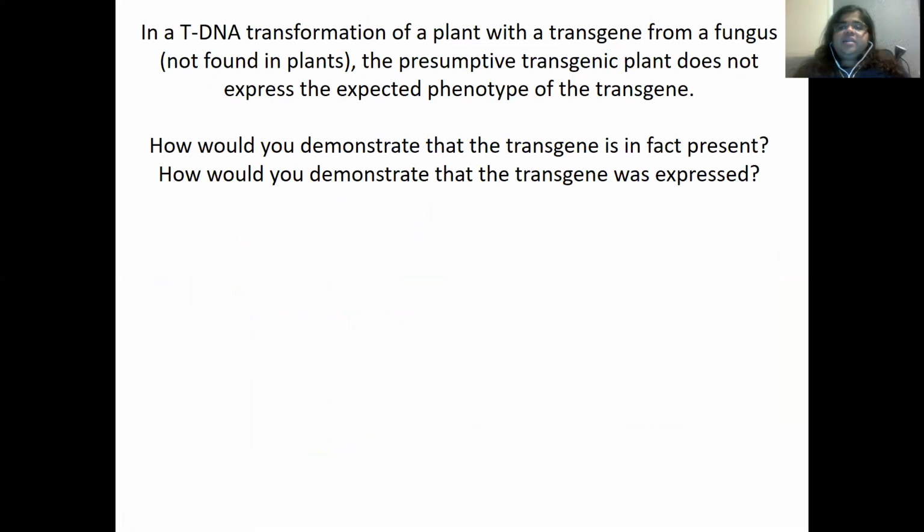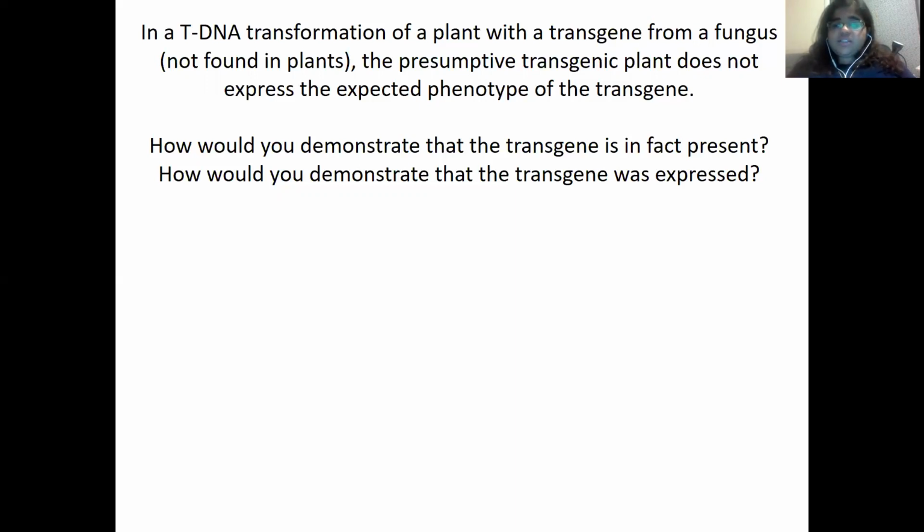In a T-DNA transformation of a plant with a transgene from a fungus, not found in plants, the presumptive transgenic plant does not express the expected phenotype of the transgene. How would you demonstrate that the transgene is in fact present? And how would you demonstrate that the transgene was expressed?